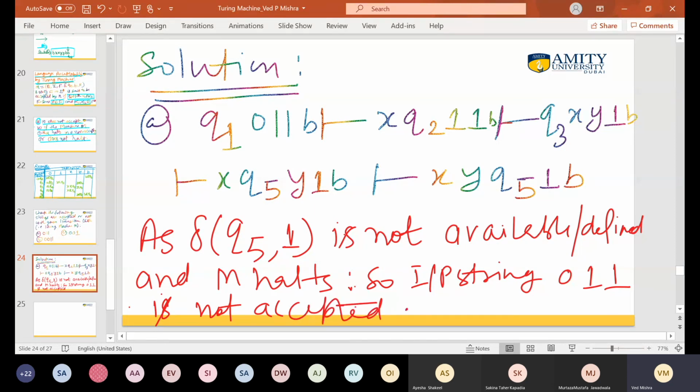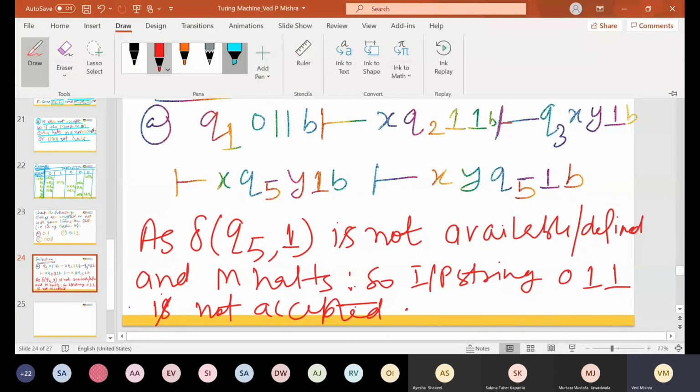You will give the full reason. Why will you say that this is not accepted?